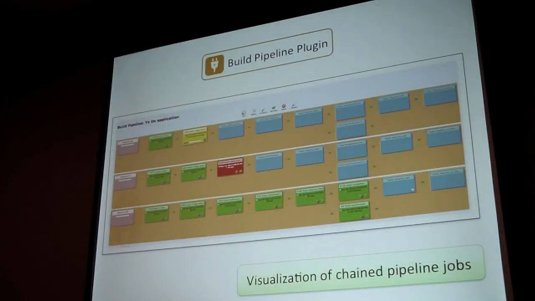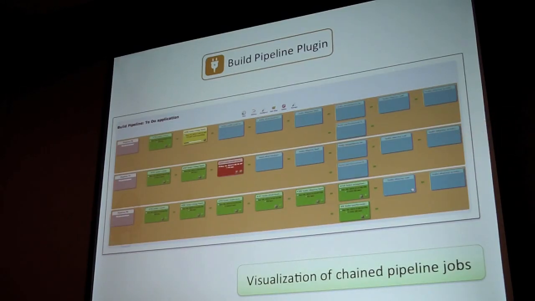Well, it also comes with a nice visualization of your whole build pipeline. Once you chain all these jobs together, that plugin automatically provides you with a view that you can configure for your Jenkins server. Here you see there's one row for each of the builds that you ran in your build pipeline. On top you see it's also color-coded.